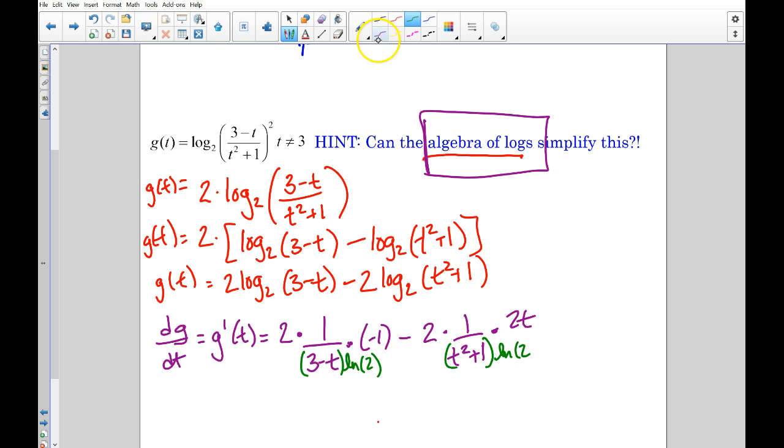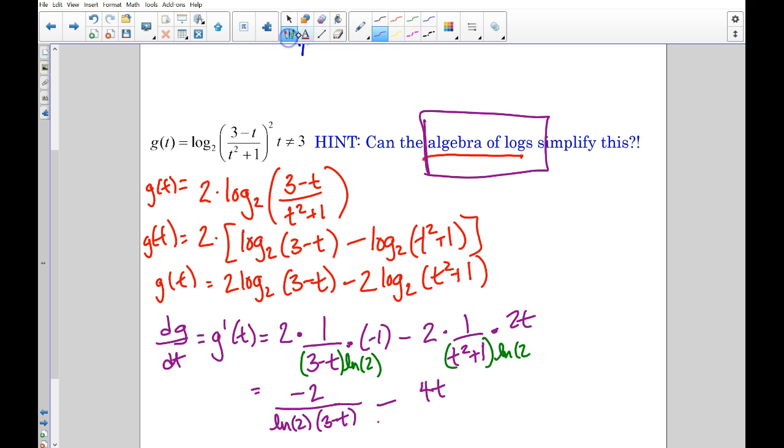So rewriting this now, I would have negative 2, I just multiply all across, over natural log of 2 times (3 minus t). Make sure to have parentheses in the denominator. Minus, and then multiplying across, minus 4t, or sorry, it would be positive 4t.